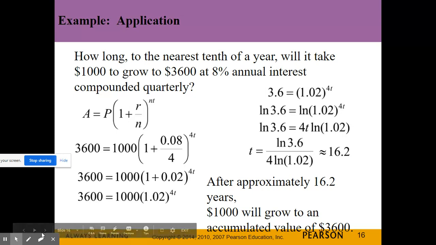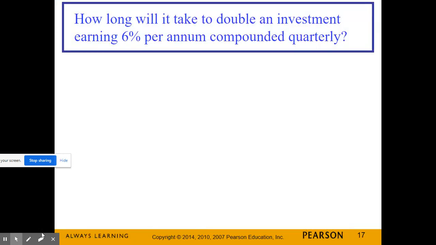All right. Next question. How long will it take to double an investment earning 6% per annum, meaning per year, compounded quarterly? Actually, I'm sorry, it's not the last question. I think we have one more after this. Anyway, A equals 2P. There are two ways to look at this.